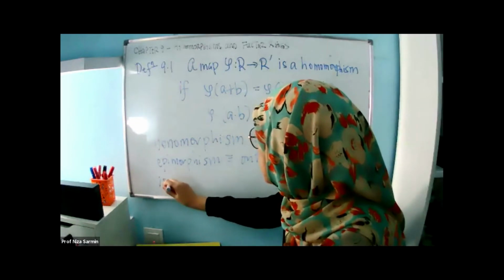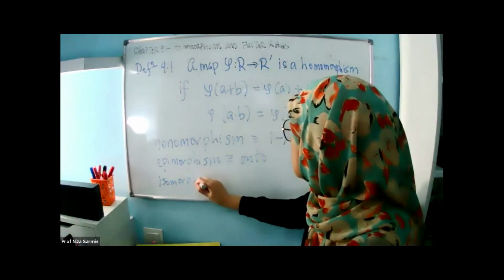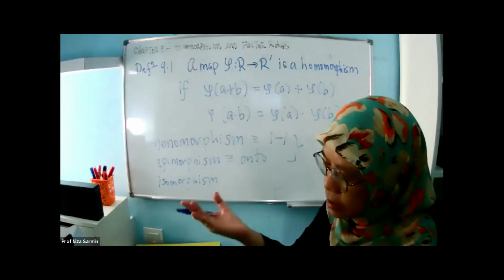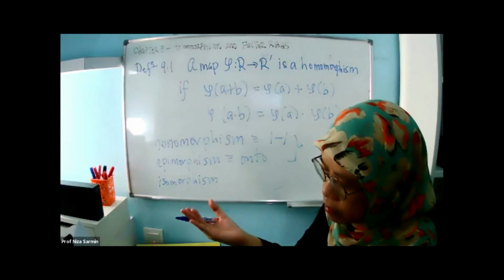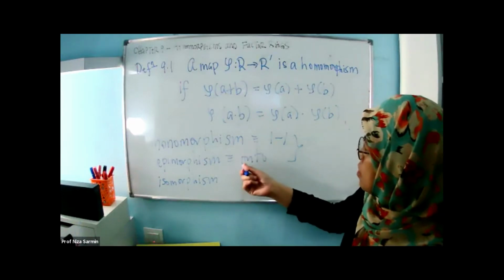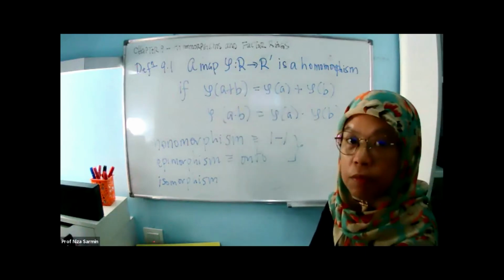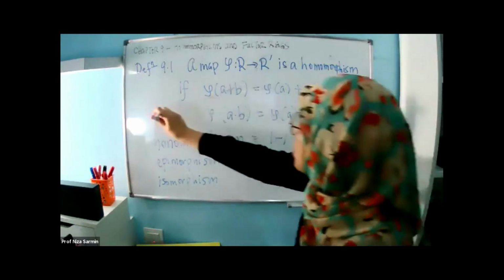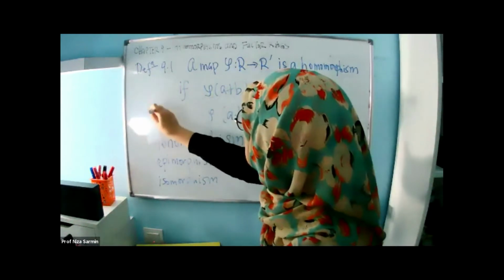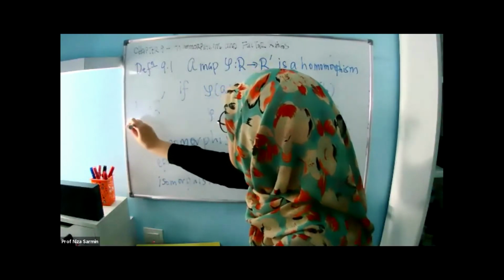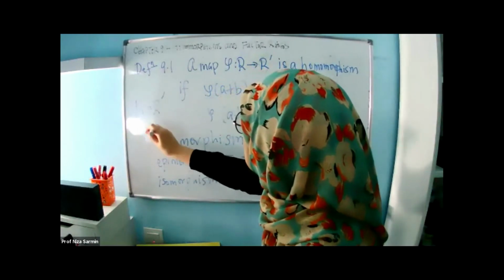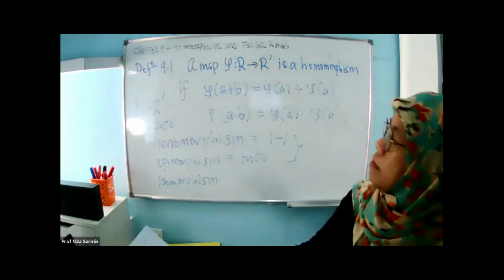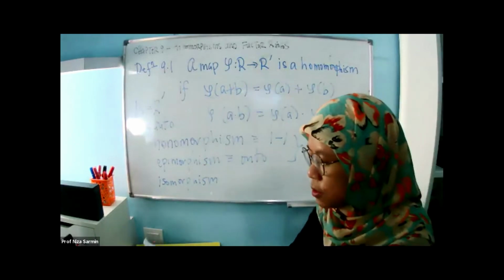And isomorphism is these two plus homomorphism, right? So this is isomorphism. And if R is equal to R dash, the isomorphism is called an automorphism. Okay, so we have seen this before, yeah?